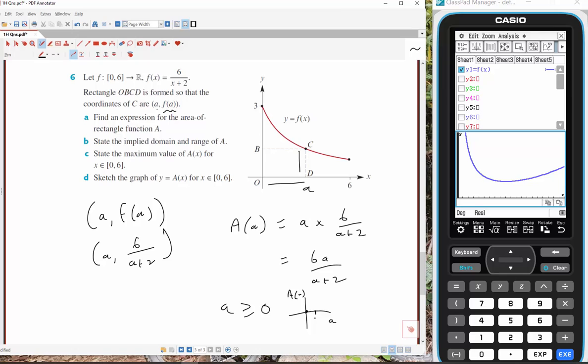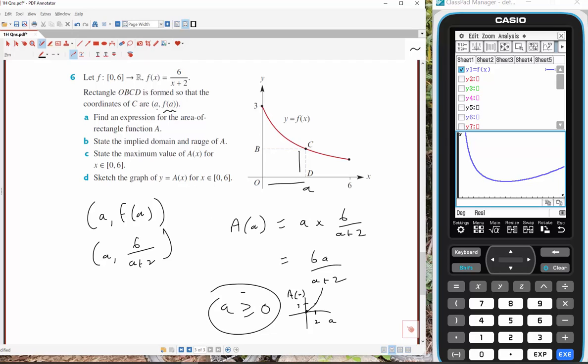So when a is equal to 2, A of a is equal to 3. As a increases, this one is going to be larger than this one, so it's going to grow. I don't think it's going to grow linearly. I think it's going to sort of be like this. But again, I'm not 100% sure. So the implied domain is going to be when a is greater than or equal to 0.